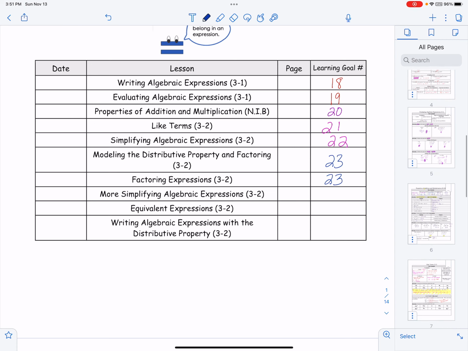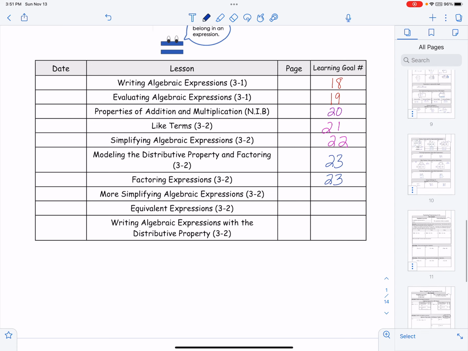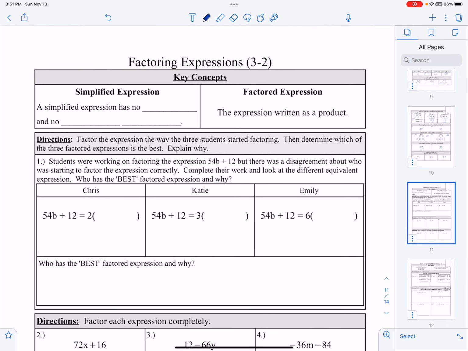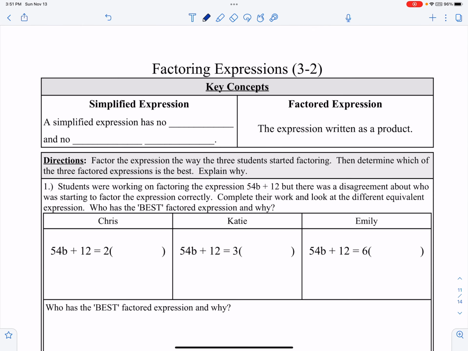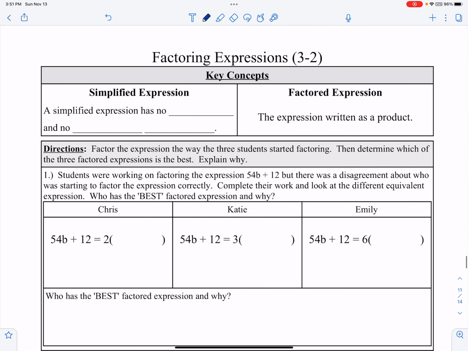All right, scrolling down to this lesson. Let me get rid of the page sorter here. All right, factoring expression. So in key concepts, remember that a simplified expression has no parentheses.